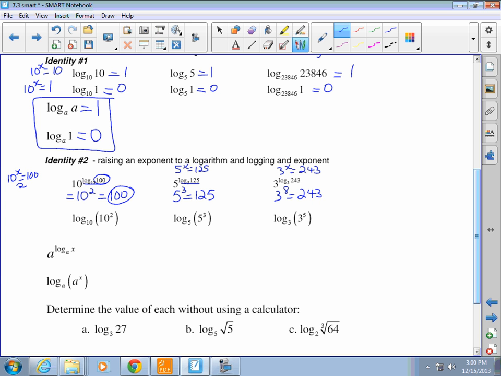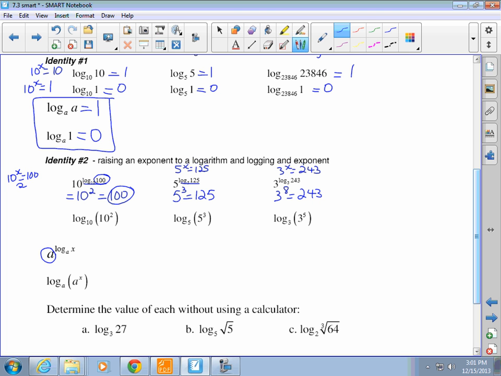So when you're raising a power, and the base of the log and the base of the power you started with are the same, then your solution is just that y value in there. It gets a little confusing here because I substitute the x and the y's, but it's just the solution to your exponent.